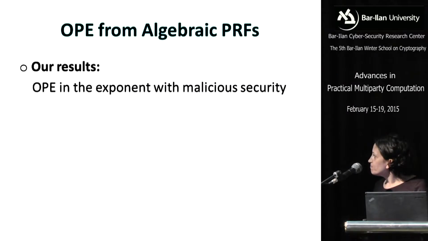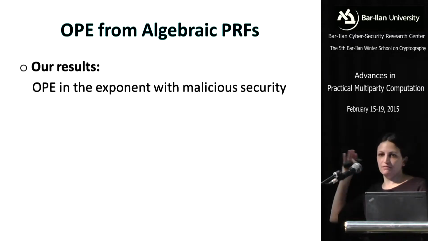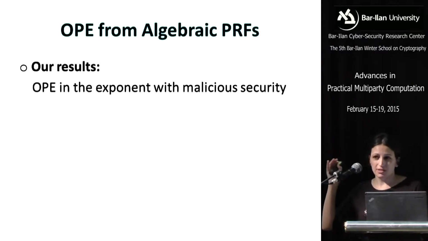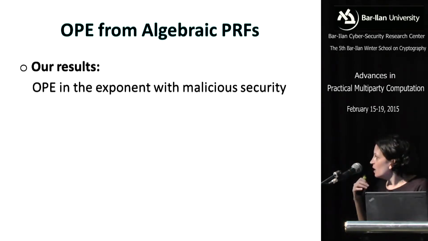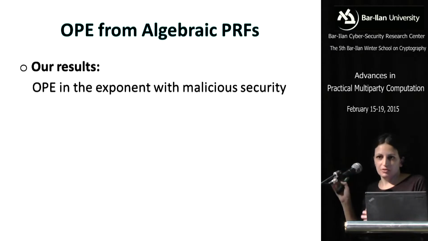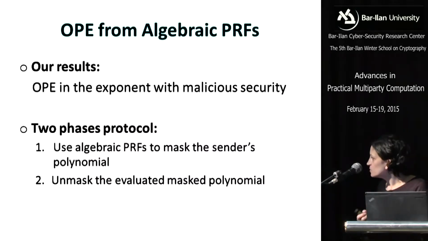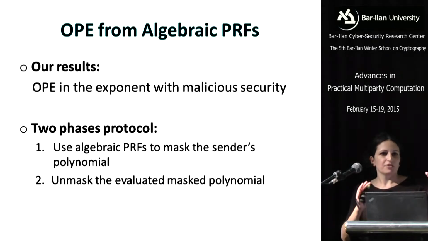So basically, in this paper, what we're doing is that we realize this functionality in the exponent, and you could actually see why in the exponent, because all the batch computation before was in the exponent. And we do that with malicious security.